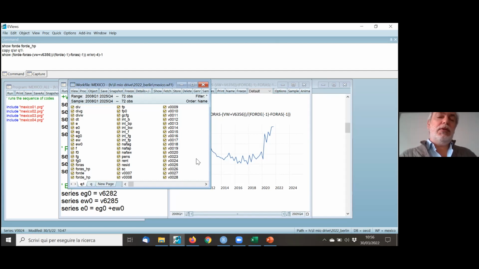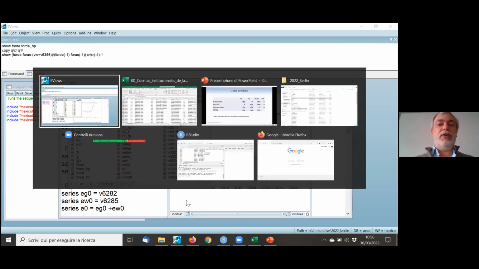So it's going to take too long, I think, and I'm not sure it's going to help us that much. We could try to focus on one particular asset, like government bonds.